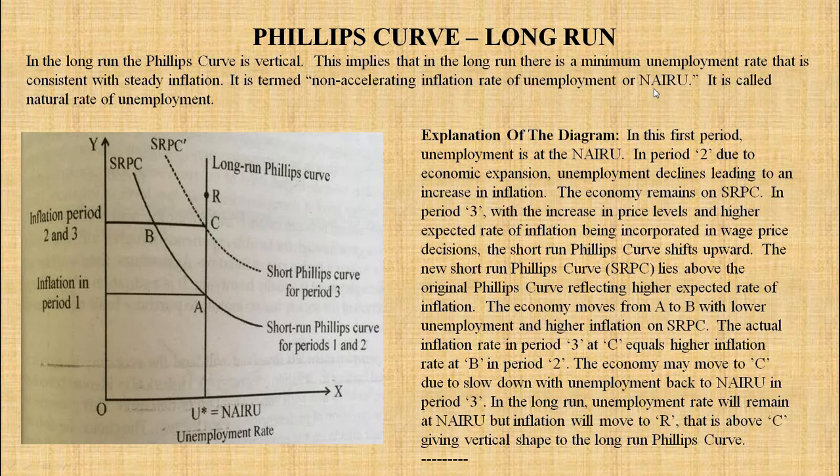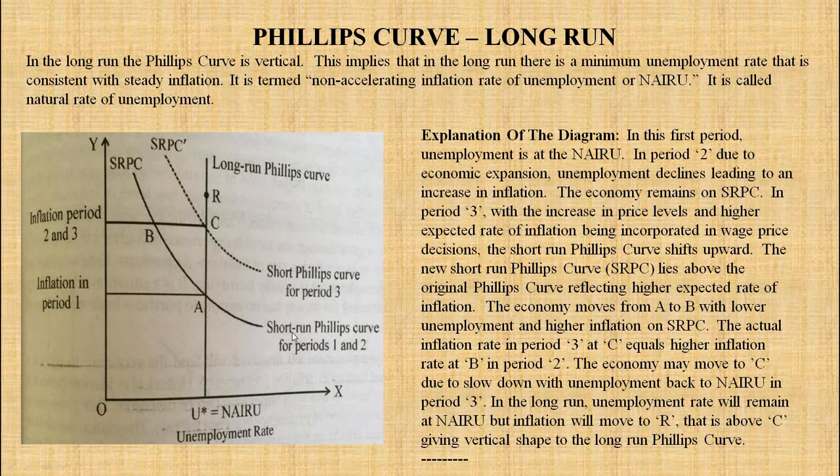It is also called the natural rate of unemployment. Now in this diagram, in the first period, on the short run Phillips curve, unemployment is at NAIRU.